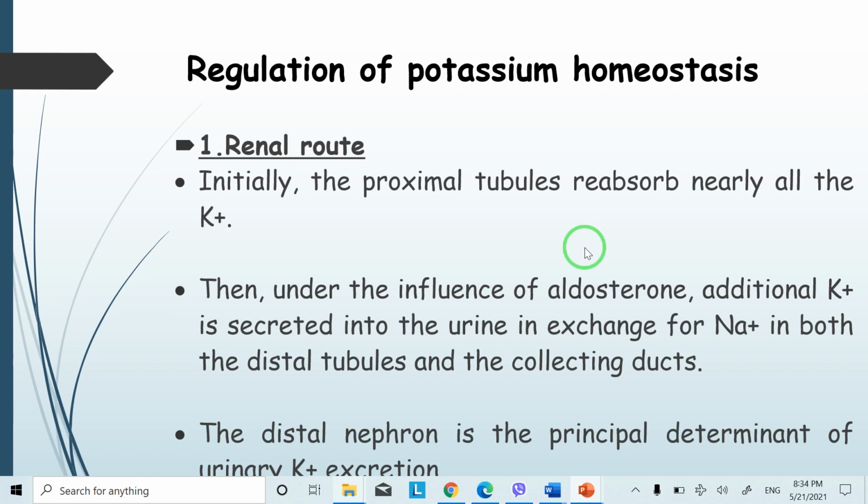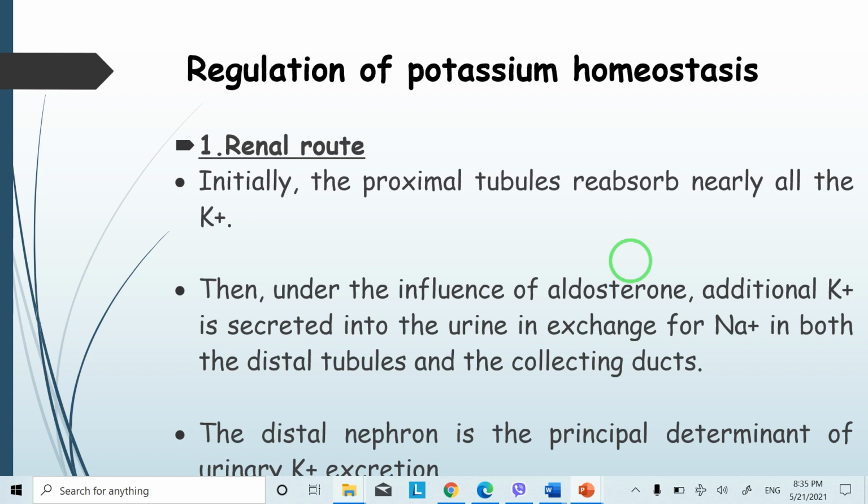Then, after it is filtered and reabsorbed back into the body, there will be secretion of potassium by the renal tubule into the lumen of the tubule by the effect of aldosterone, because aldosterone favors the reabsorption of sodium, and to maintain electroneutrality, aldosterone reabsorbs sodium by exchange with another cation, which is either potassium, or sometimes hydrogen.